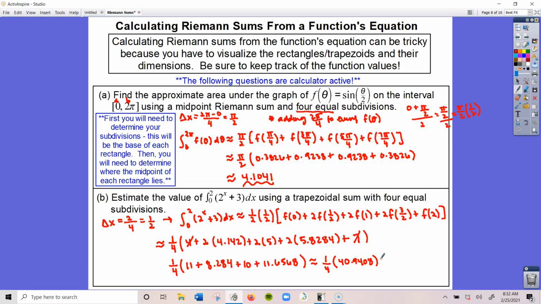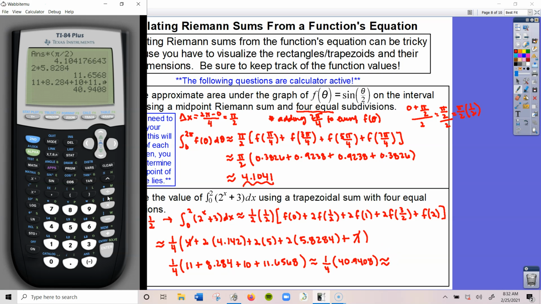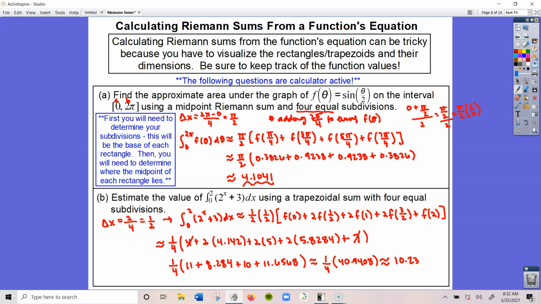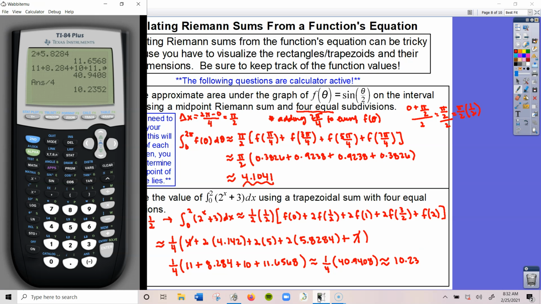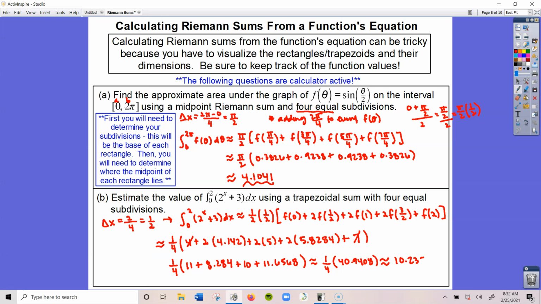And then we have to divide that by 4. And we get 10.2352. And that would be my trapezoidal sum.